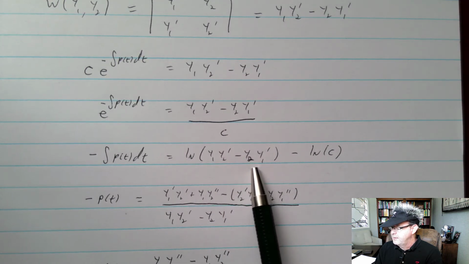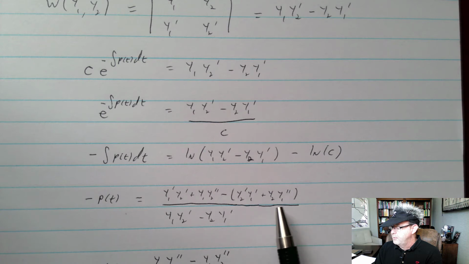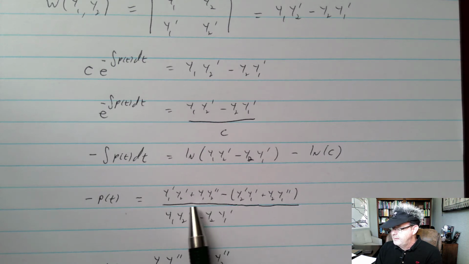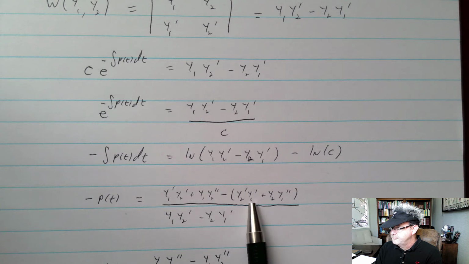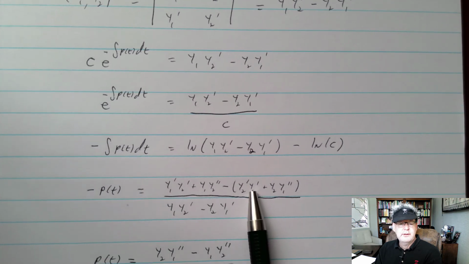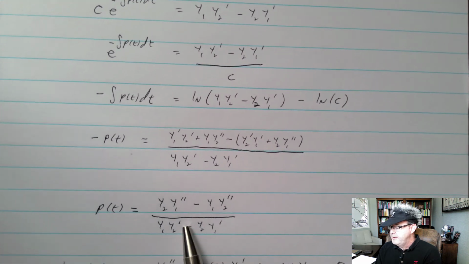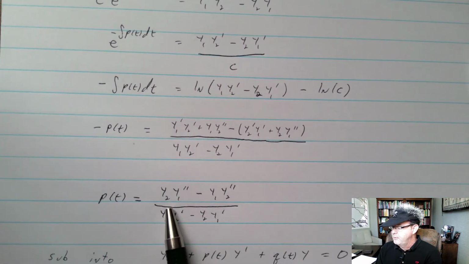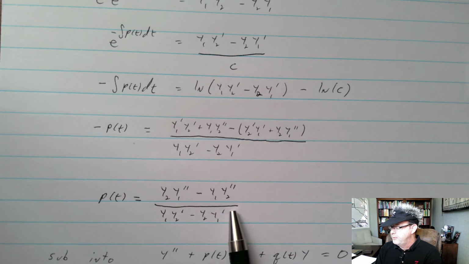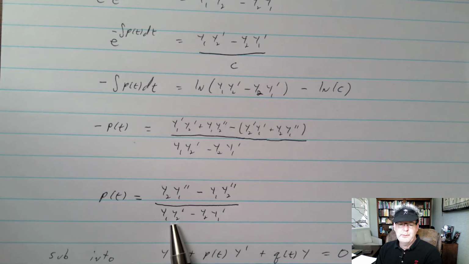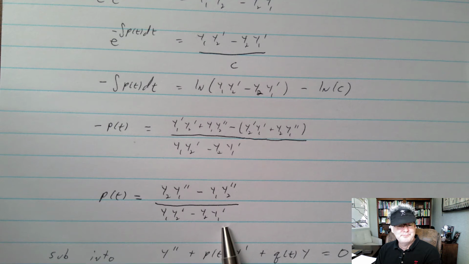Derivative of the first times the second, y2 prime, y1 prime, plus the first times the derivative of the second, y2, y1 double prime. And if you subtract, these two terms cancel. They're the similar terms. So we end up with p of t is this: y2, y1 double prime minus y1, y2 double prime, all over y1, y2 prime minus y2, y1 prime.